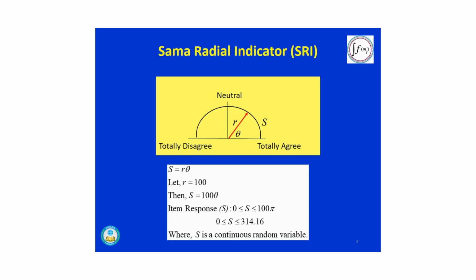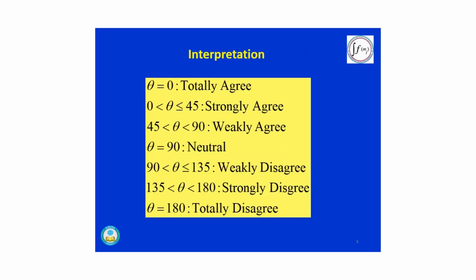I tried to satisfy all the properties and develop this item scale. So the SAMA radial indicator satisfies all the properties of a good item scale. Most importantly, it converts the qualitative random variable into a continuous scale. The interpretation is like this. We don't need to show this to the respondent. It is only for the reference of the researcher.